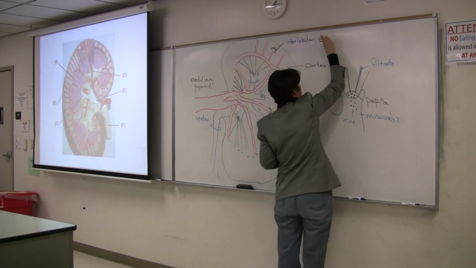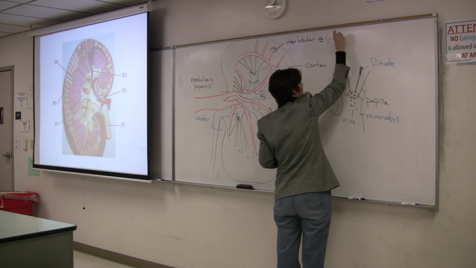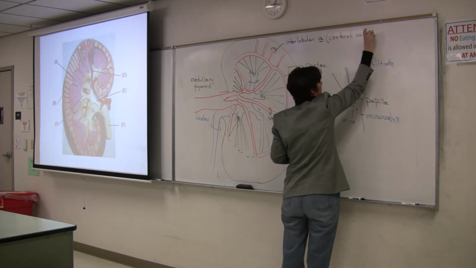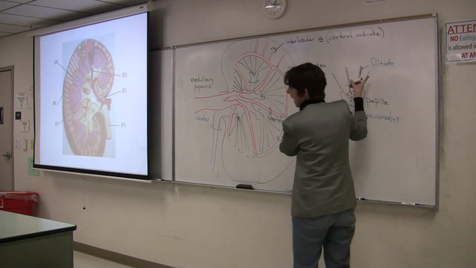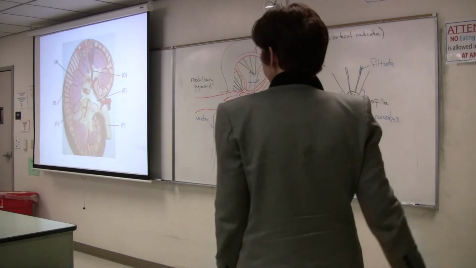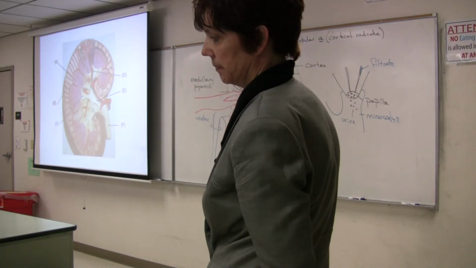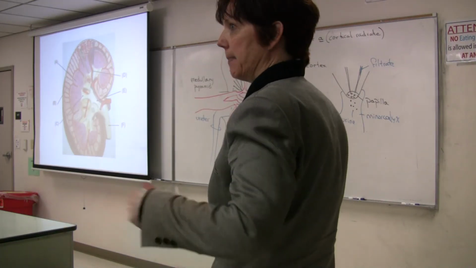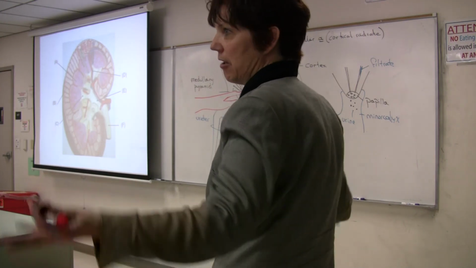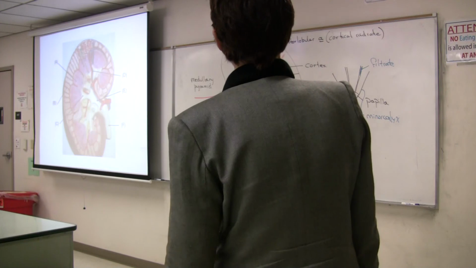Some textbooks are starting to call them cortical radiate, which means they're radiating out into the cortex. So if that's easier for you to remember, that's fine. I expect you to know that the cortical radiates are also the interlobular. I'll just accept either or.